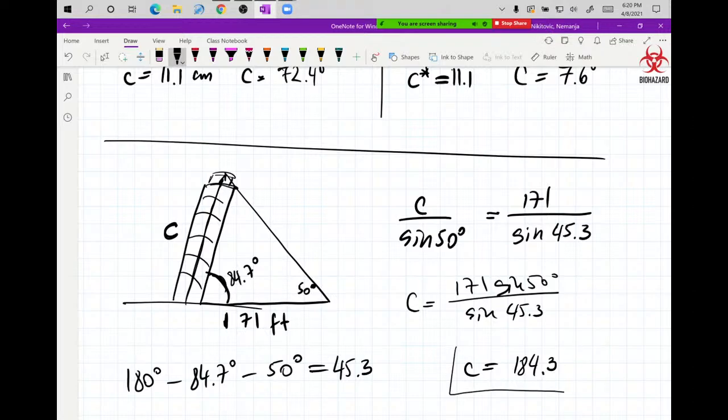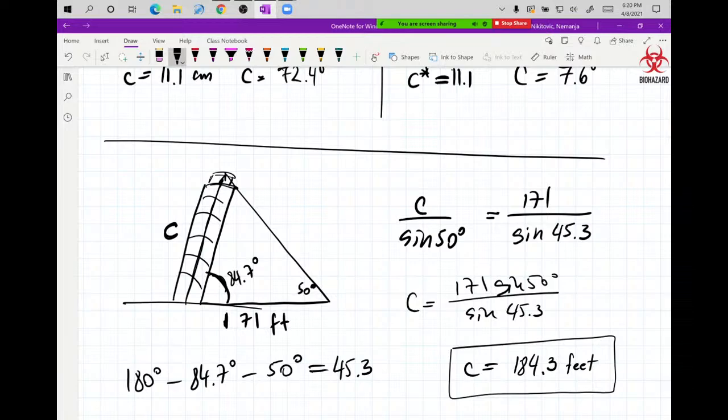There it is. I have no clue why it is given in feet when this thing is in Italy. They use the metric system there. But whatever, 184.3 is the measure for the height of the tower, and we used law of sines.